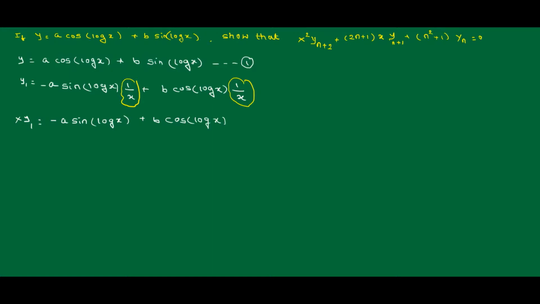Just you have to take this 1 by x common and transpose to the left hand side. So I will write, if you want, this is 1 by x is common, write down the remaining terms in the bracket and then transpose this x to the left hand side, you will get xy1.